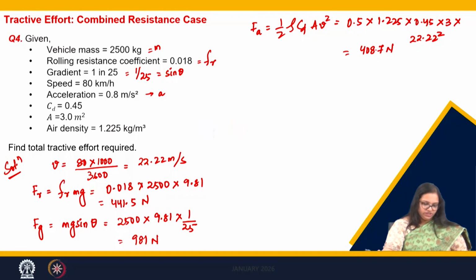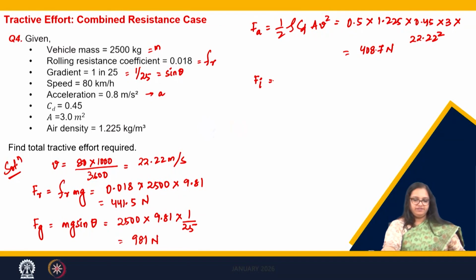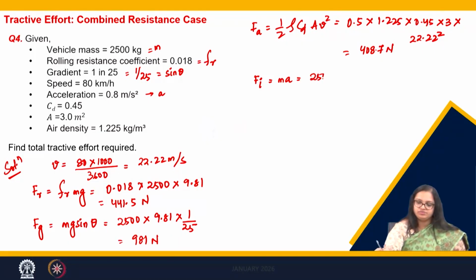Now, the last one is the inertial resistance Fi, which is mass into acceleration. Here also the delta factor is not given. So, it is 2500 into 0.8, which is equal to 2000 Newton.